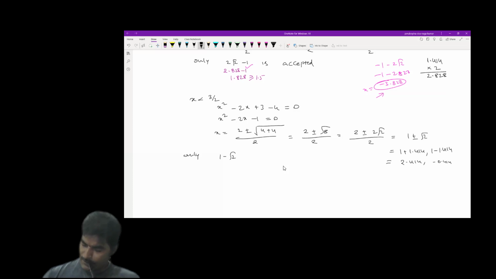And now they are asking the sum of the squares of the roots. So let's calculate. The accepted roots are 2 root 2 minus 1 and 1 minus root 2. Square it and add it together.